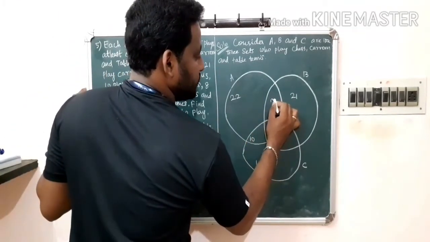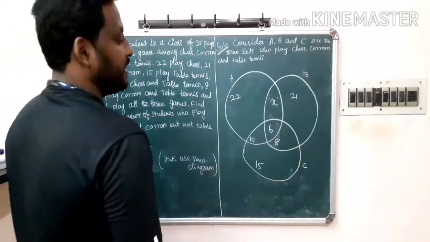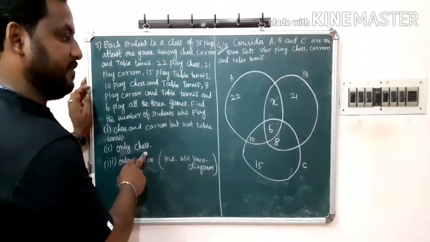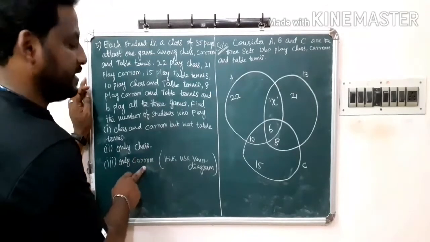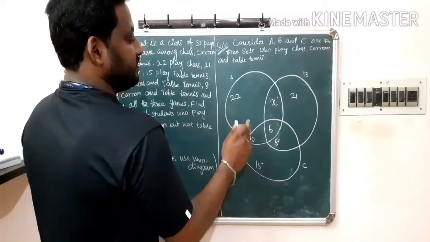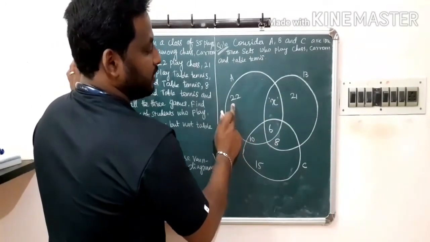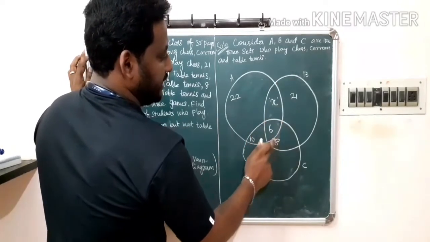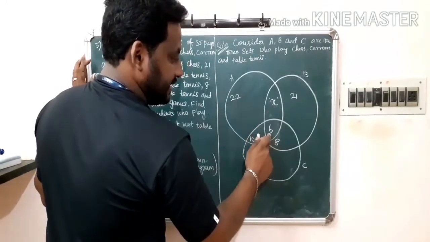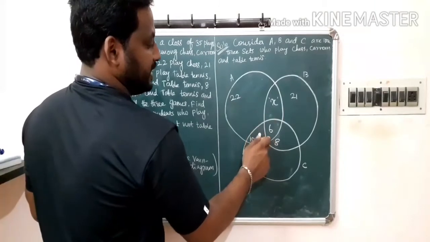So the unknown value should be taken as x. Here we have to find out the value x, and then the value of only chess and only carom. So first of all we have to find out the value x. We know that the whole set contains 22, and the whole intersection part is x plus 6.